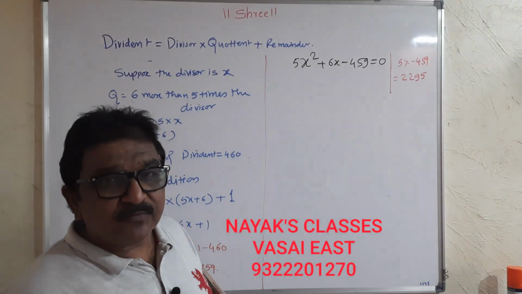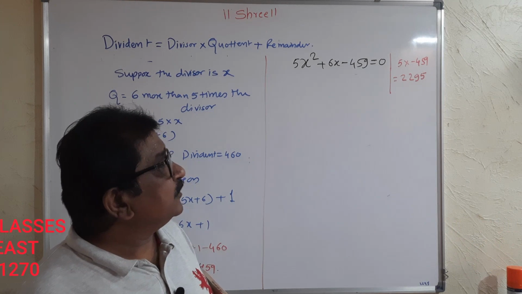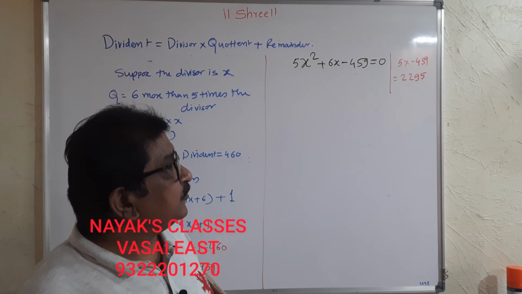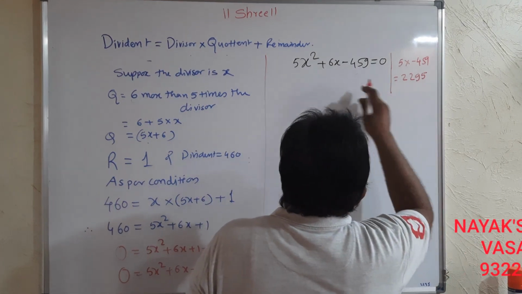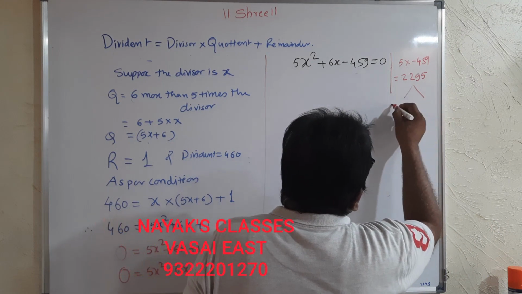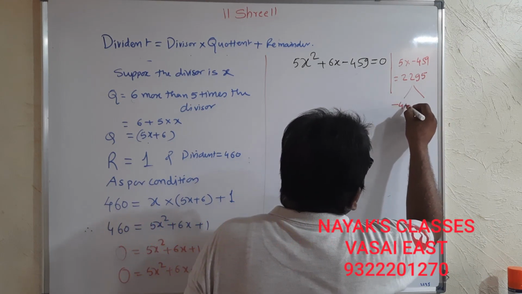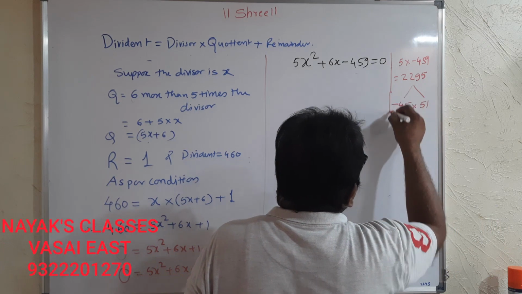So the numbers should be around 45 and 51, and the product should be minus, so the numbers are minus 45 into plus 51.